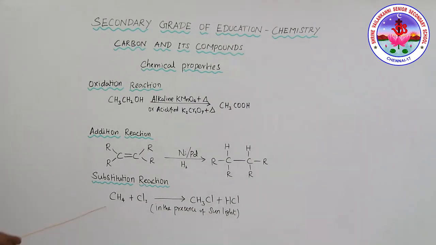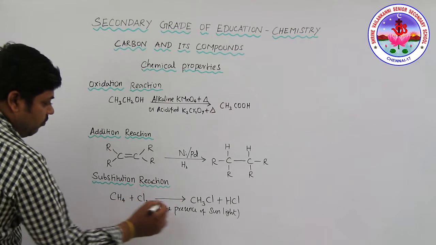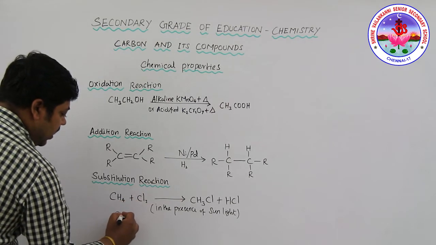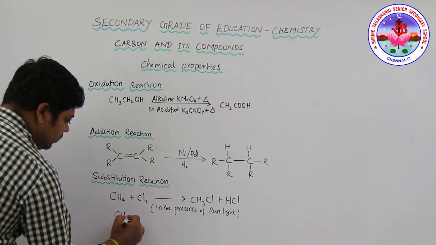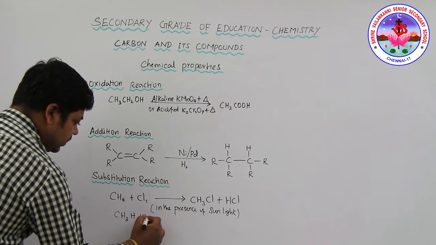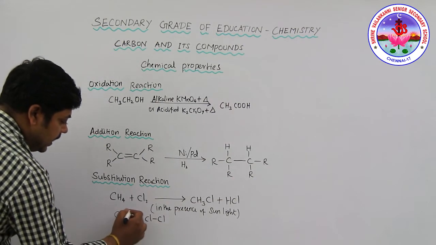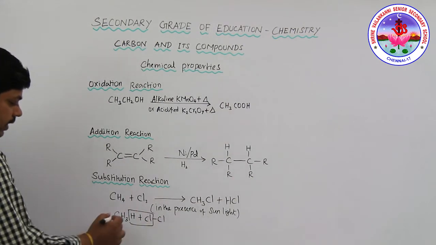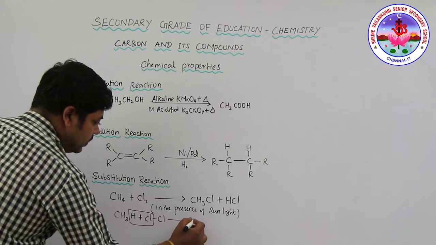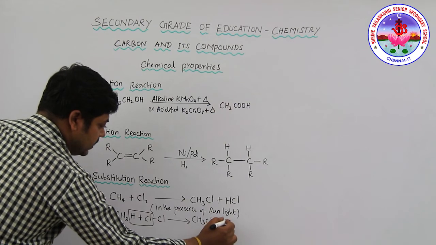Okay, so this is the reaction: methane reacts with chlorine in the presence of sunlight. Here one hydrogen is removed. I'll write the reaction like this: CH4 plus Cl2 gives CH3Cl plus HCl. The HCl goes out, and the remaining product is CH3Cl.